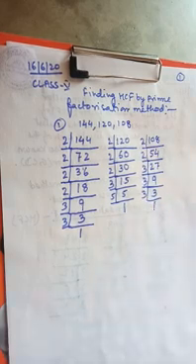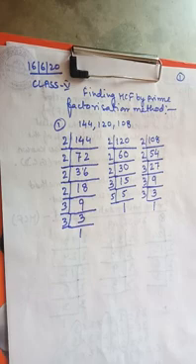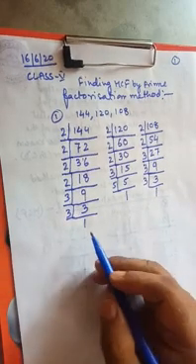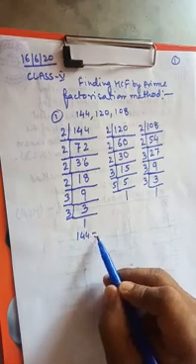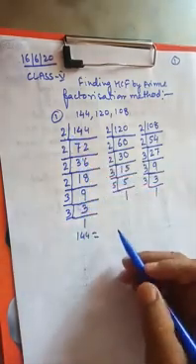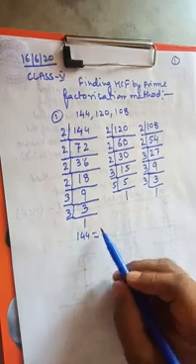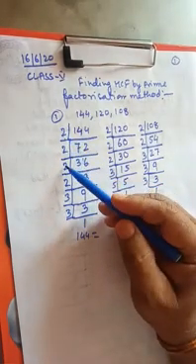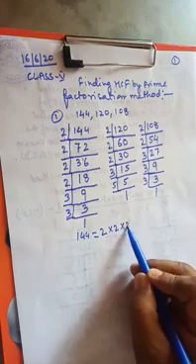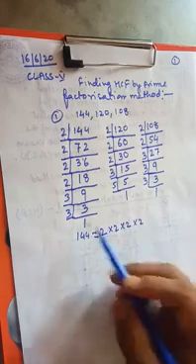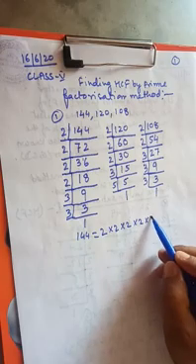Now we have got the prime factors of the numbers. Now we will write over here 144, and write all the prime factors of 144. How many times is 2? 1 2 3 4, right, here 4 times. 3 is 2 times.